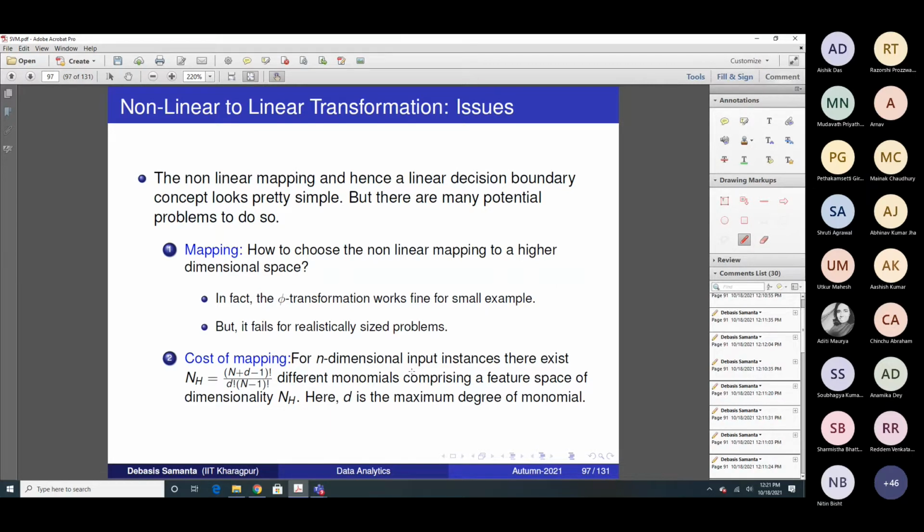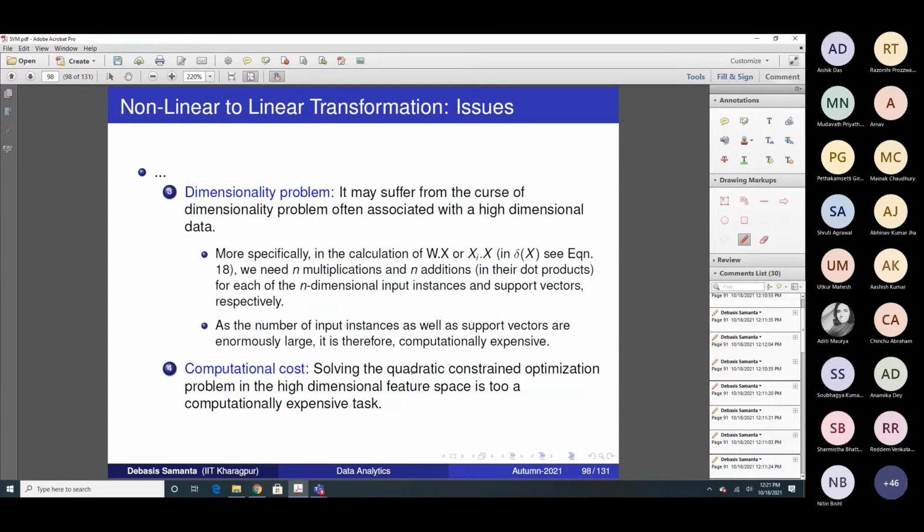Now, although with SVM high dimensional data is not an issue, the cost of computation really is a problem. So the dimensionality problem is not an issue so far as SVM is concerned, but the cost of computation will definitely increase from 3D data to maybe 10D data, and that is not desirable in many critical applications.